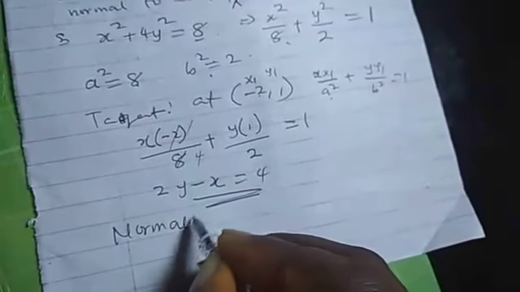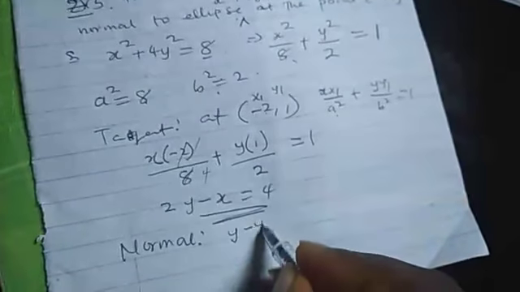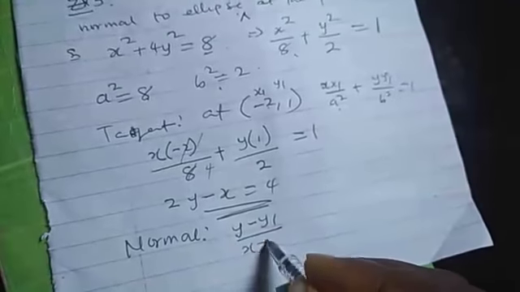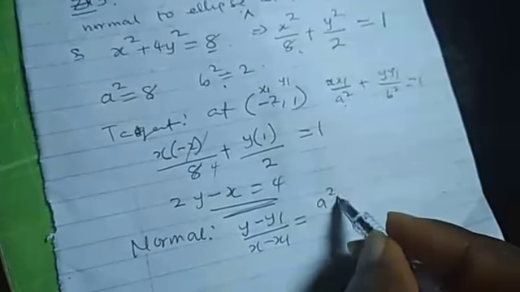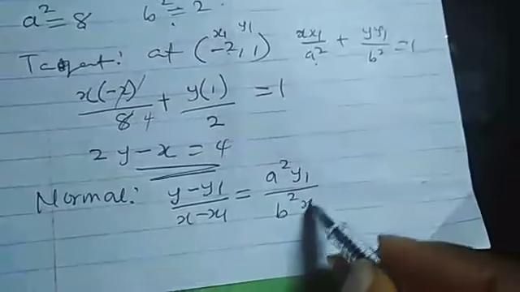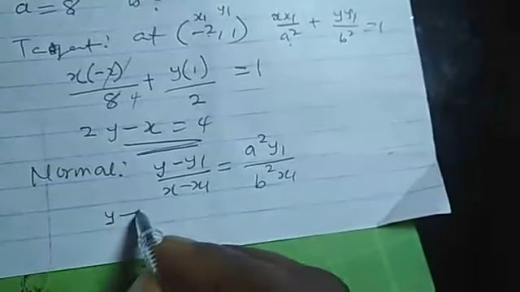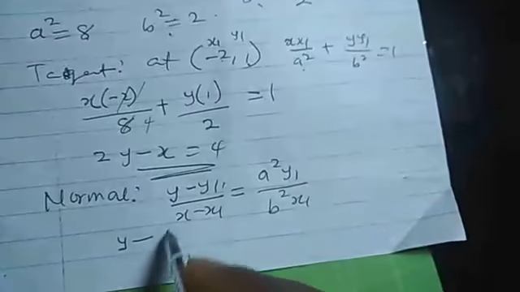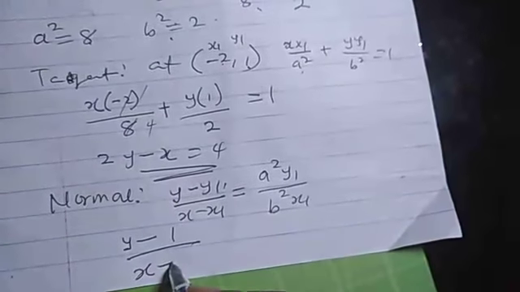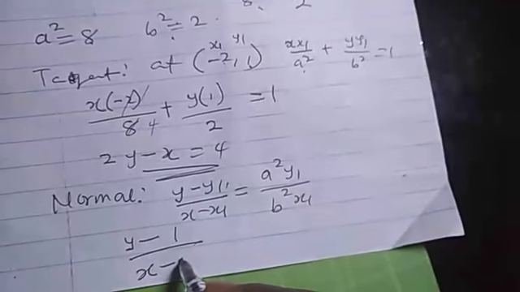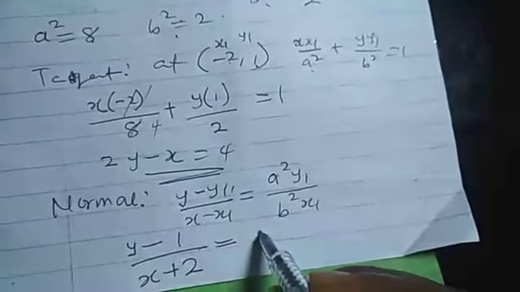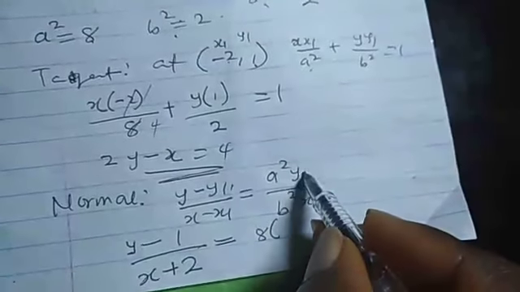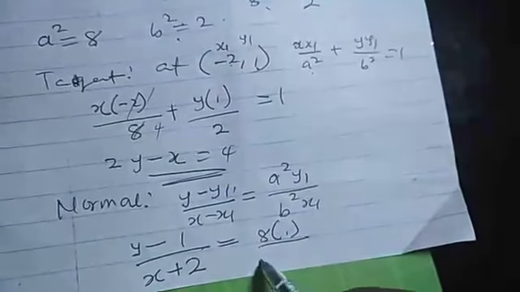For the normal, you say it is (y minus y1) over (x minus x1) equal to a square over x1 over b square over y1. This is y minus y1. Our y1 is 1 over x minus x1. Our x1 is minus 2. It will make this place to be plus 2. And a square, our a square is 8, so this is 8 times y1 over b square.